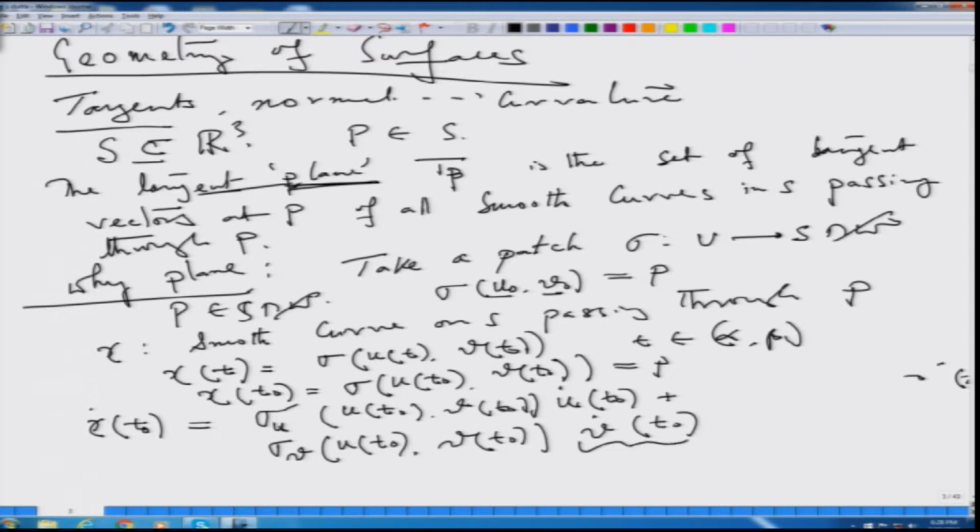These quantities are scalars. So, this gamma dot t naught is a scalar combination of these two vectors.